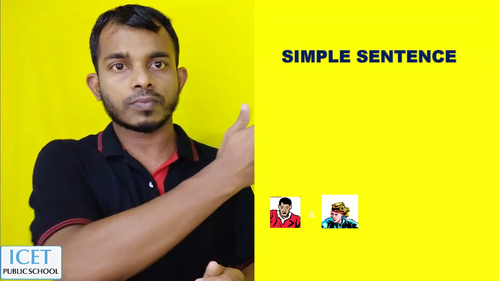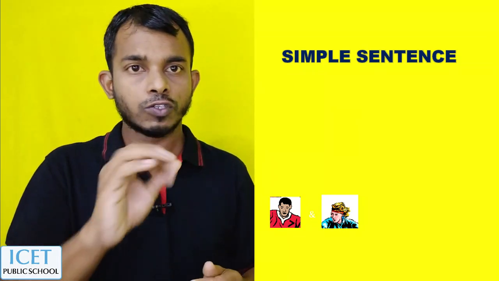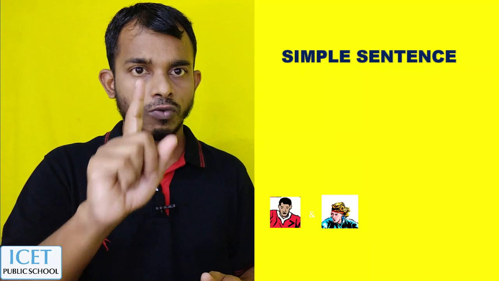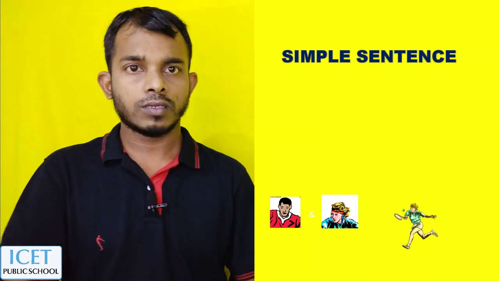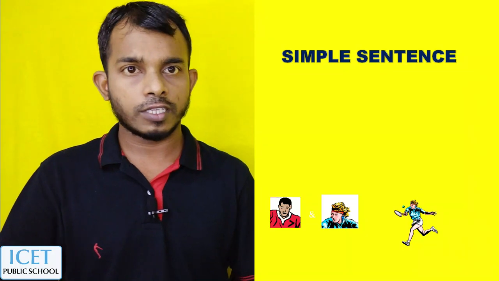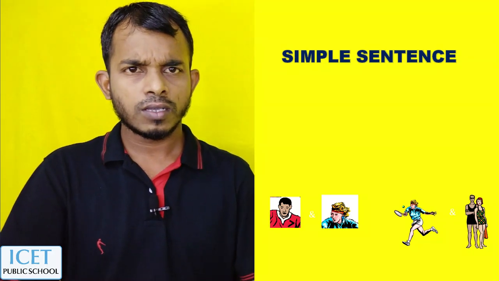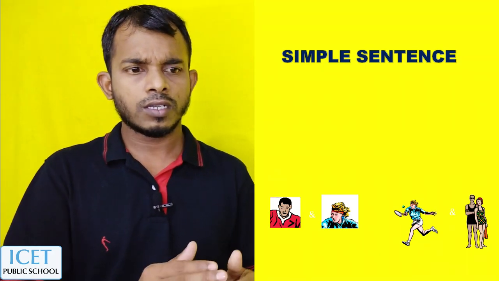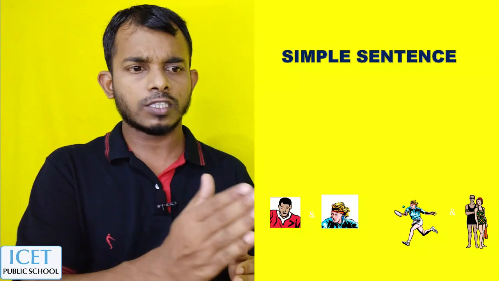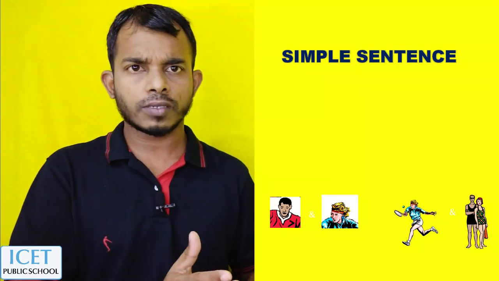So look at this. In these two persons, we know one is Tom, the other one is Mary, playing tennis. This much we have learned. Now I have added one more thing. What is this? The first one is playing tennis, the other one is swimming.